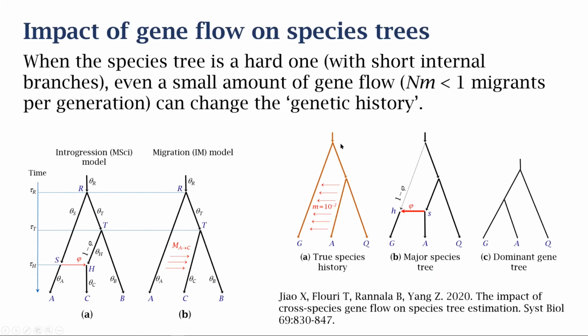The idea is that when you have gene flow, you could end up with a wrong species tree. So actually, we apply this more theoretical study to the Anopheles example. We confirm that using the estimates from the data, starting from the X chromosomal tree, you do end up with the autosomal tree.